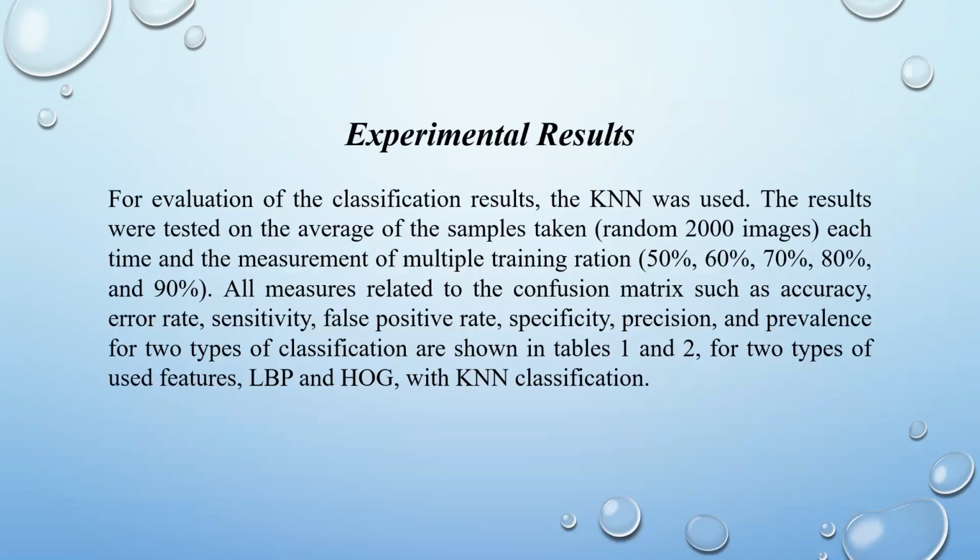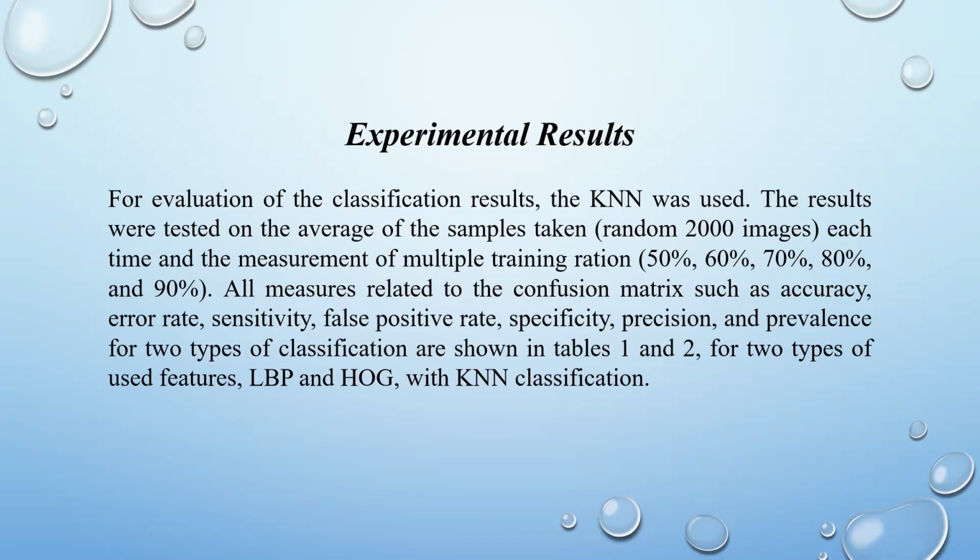For evaluation of the classification result, the KNN was used. The results were tested on the average of samples taken from random 2,000 images. Each time, the measurement was made with multiple training ratios: 50%, 60%, 70%, 80%, and 90%.